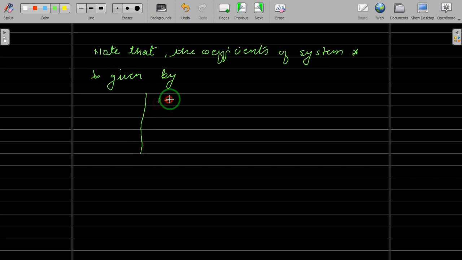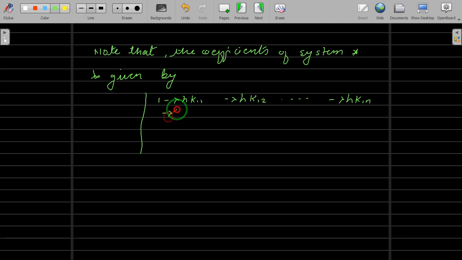We have 1 minus lambda h k11, minus lambda h k12, likewise minus lambda h k1n.